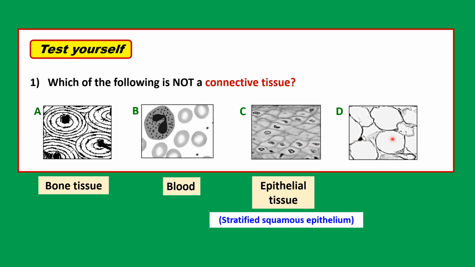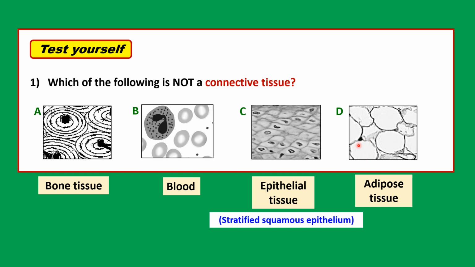Now next, D is adipose tissue. What we see here are the cells that have expanded to a large size because of the storage of fats in them. The black parts here, some of them represent the nuclei of the cells.